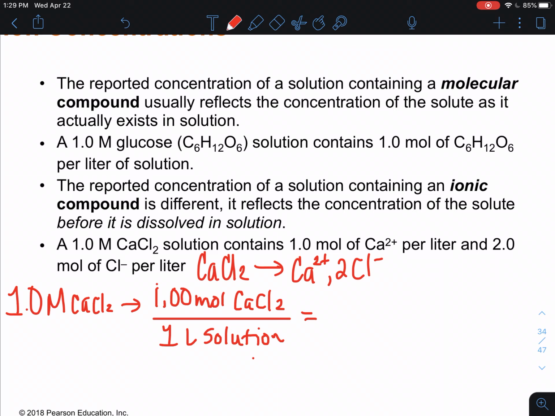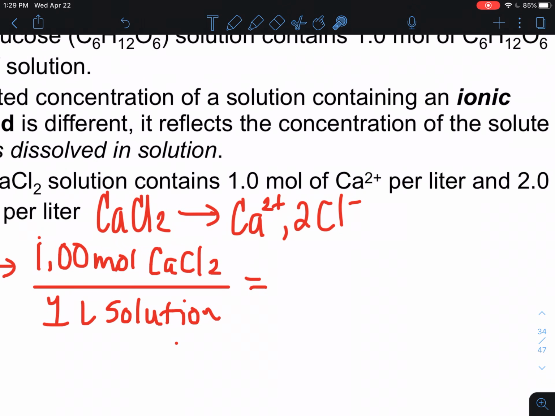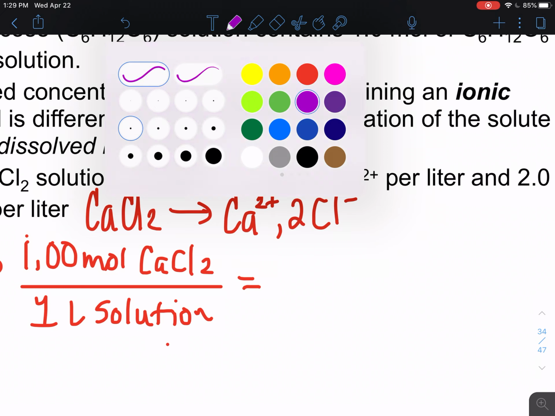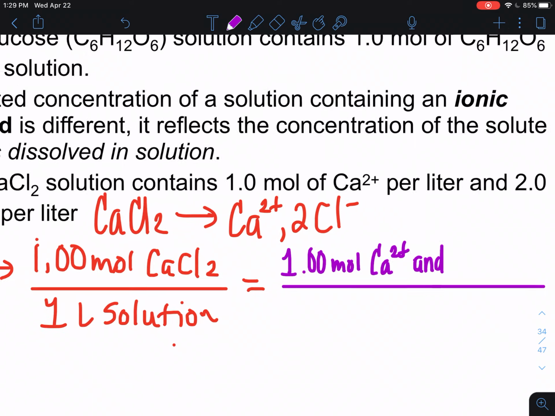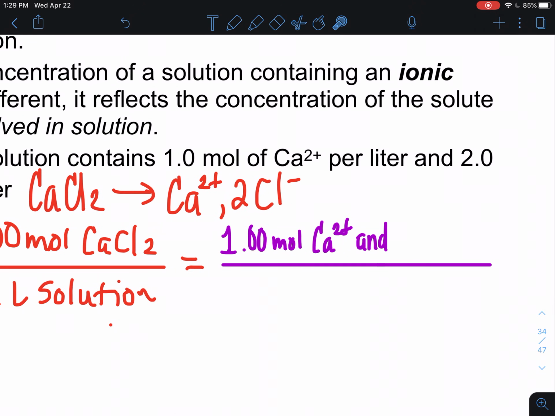It also means that within this 1 mole of calcium chloride, there's 1 mole of calcium 2 plus ions and 2 moles of chloride anions per 1 liter of that solution.